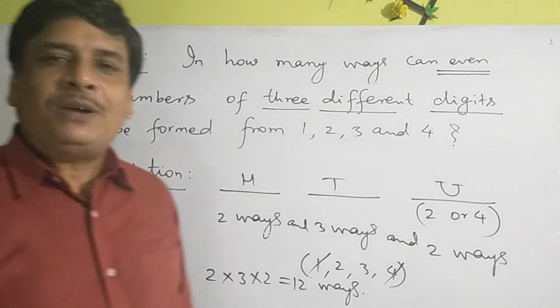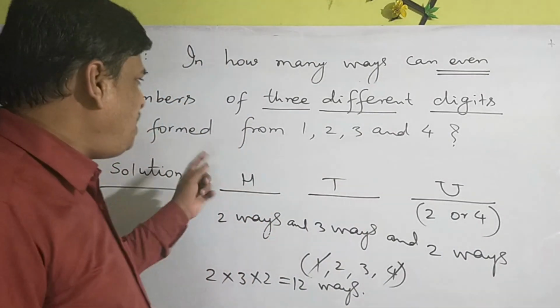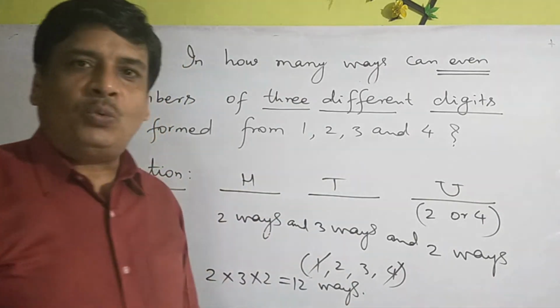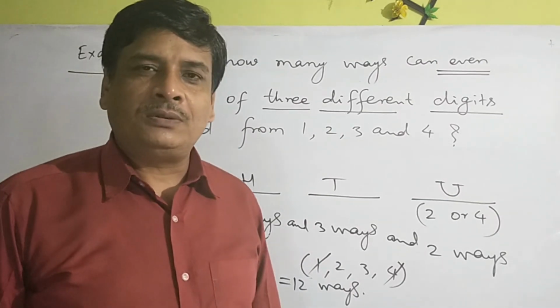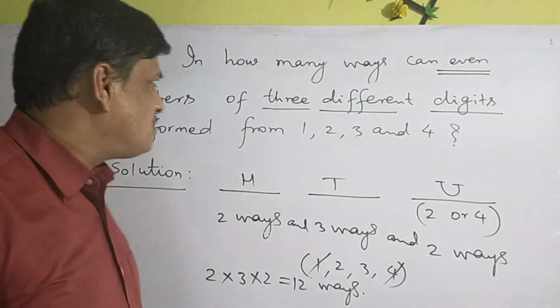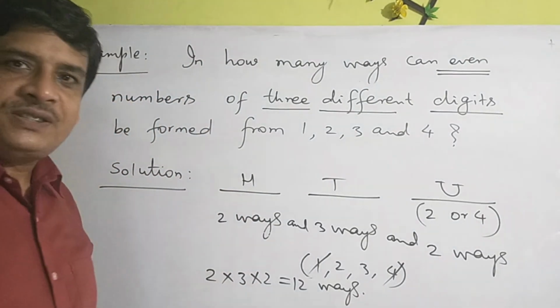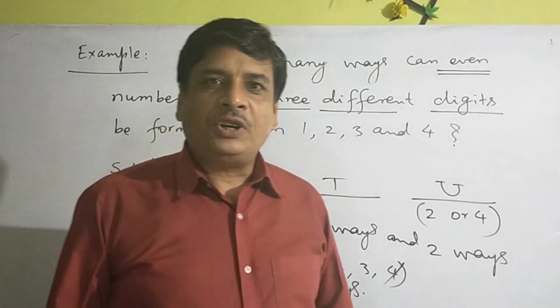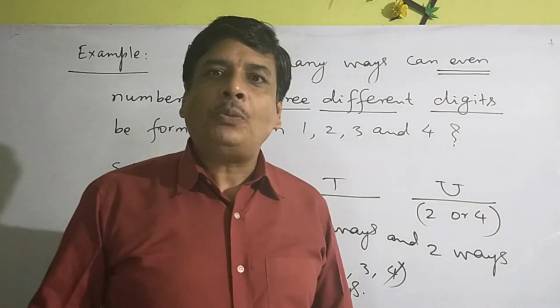So 12 even numbers of 3 different digits are possible from the digits 1, 2, 3 and 4. All the even numbers will have unit place either 2 or 4.